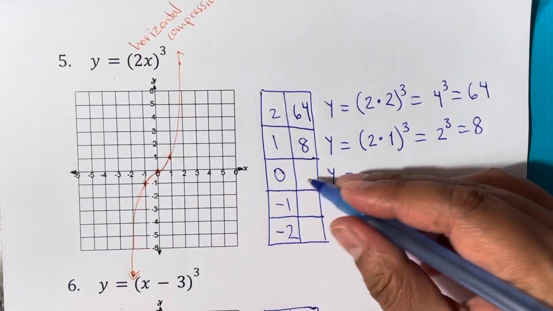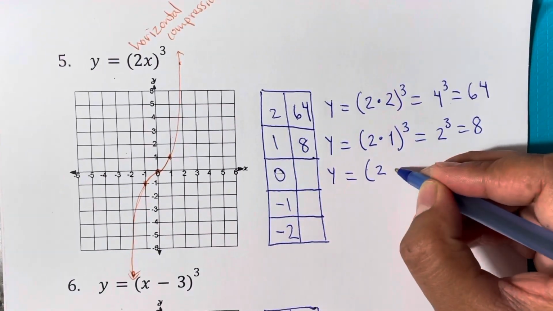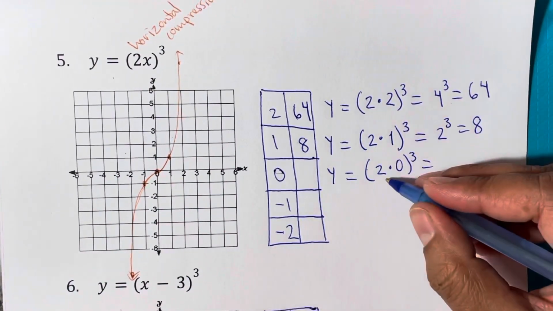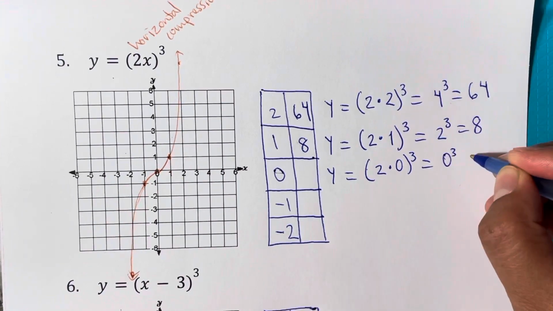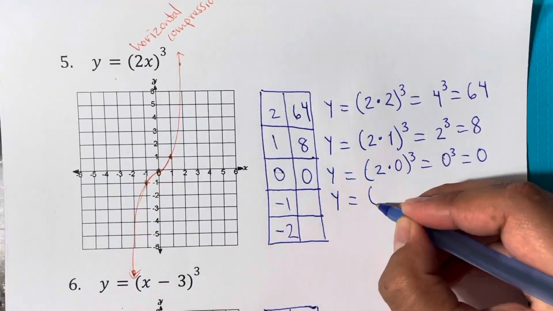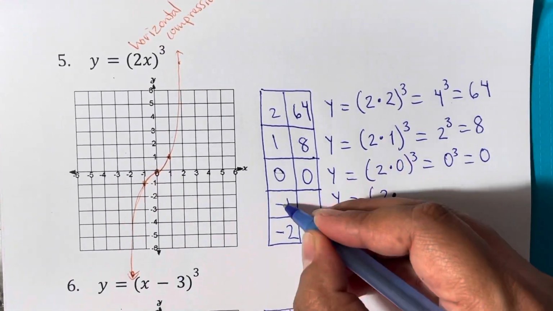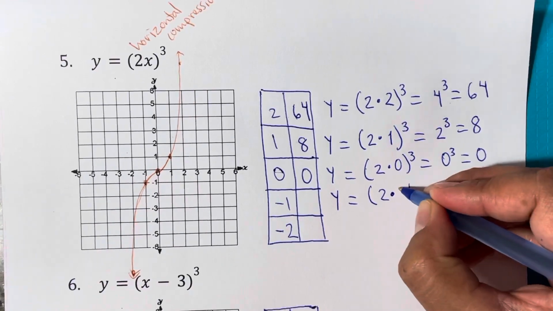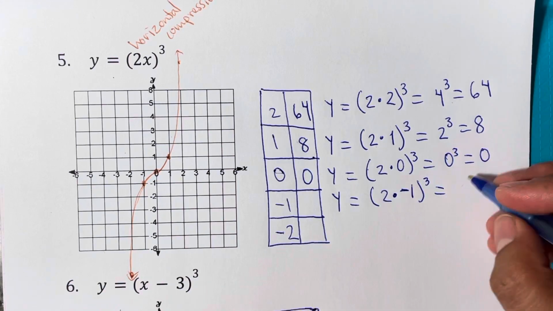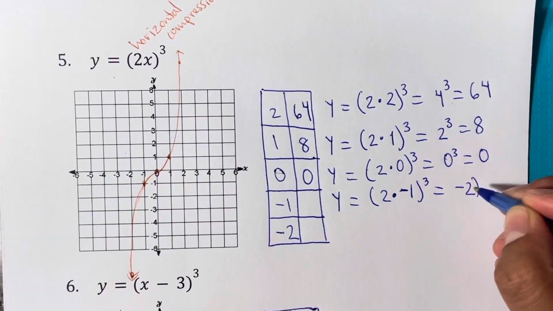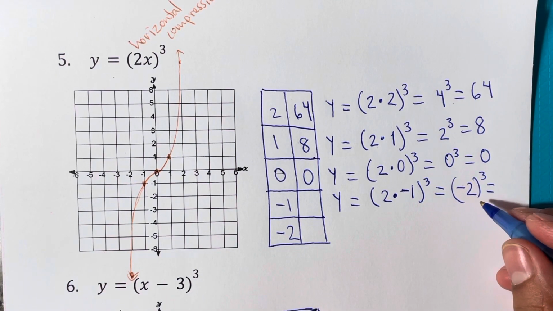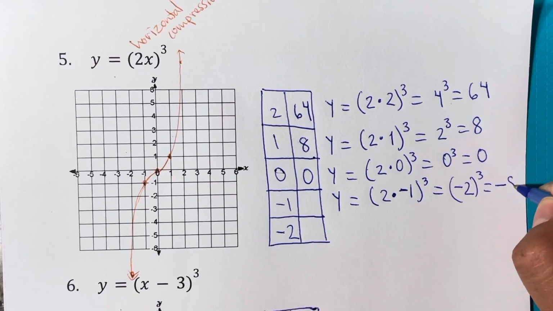For the next one, it is 2 times 0, cube that, and 2 times 0 is 0 cubed, which is 0. The next one is 2 times -1, and cube that. 2 times -1 is -2 to the third power. -2 times -2 is positive, times -2 is -8.